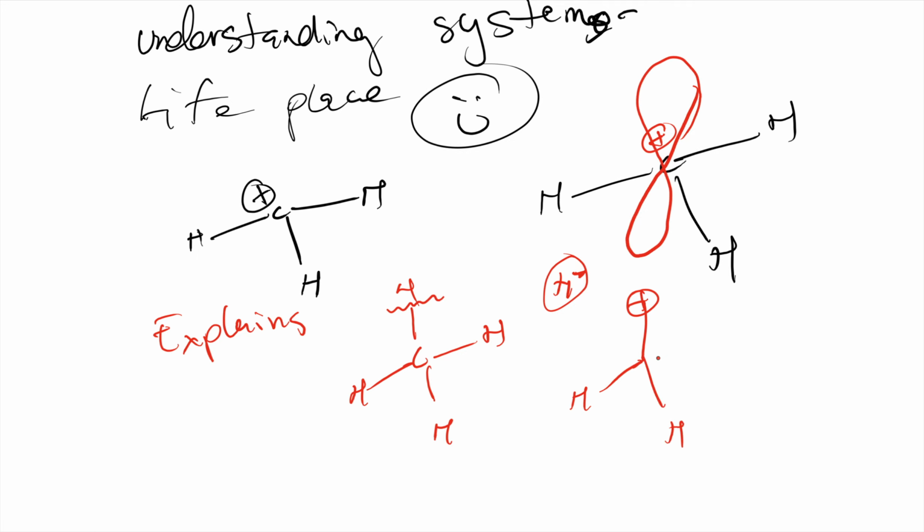So the reason why we have s orbitals, like let's say hydrogen has an s orbital, is because the electron could flow evenly around it.